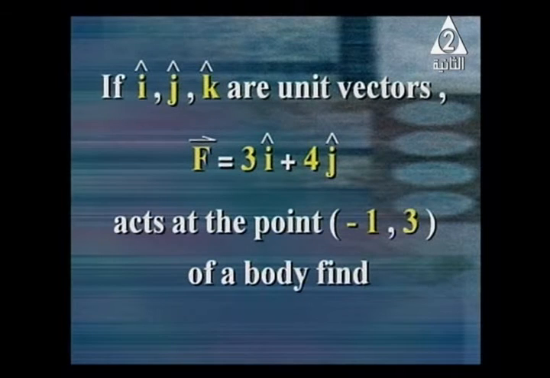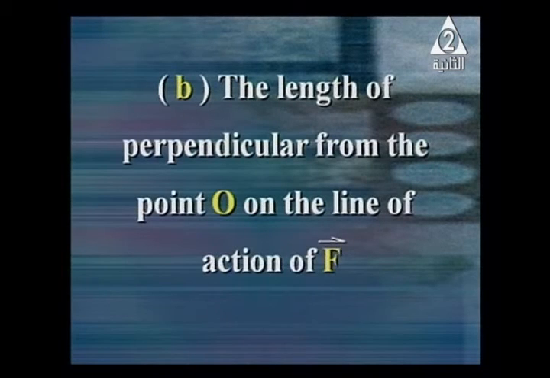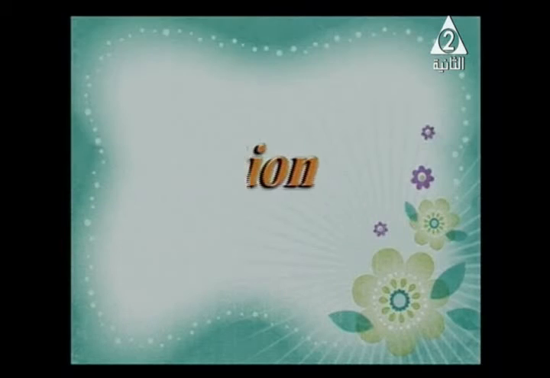If i, j, k are unit vectors and F equals 3i plus 4j acts at the point (negative 1, 3) of a body, find the moment of the force F about the origin point (0, 0). Number B, the length of the perpendicular from the point O to the line of action of the force F. Look at the solution.